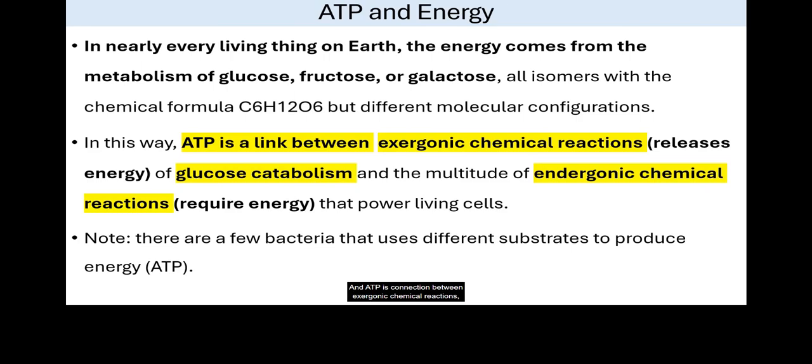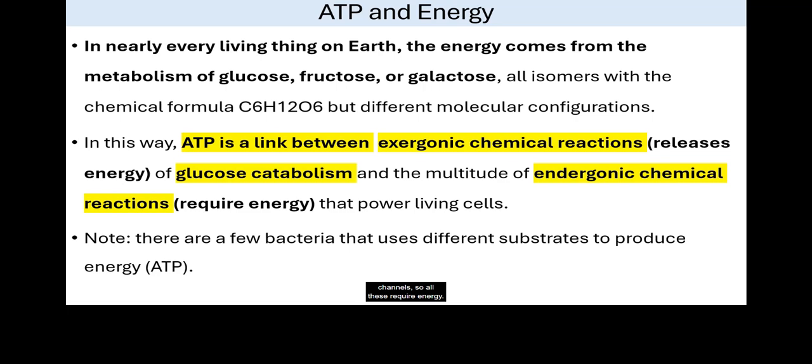And ATP is the connection between exergonic chemical reactions, meaning reactions which release energy, exo meaning outside, and endergonic chemical reactions which require energy, endo meaning inside. An endergonic chemical reaction is a reaction of synthesis or moving something or opening channels.